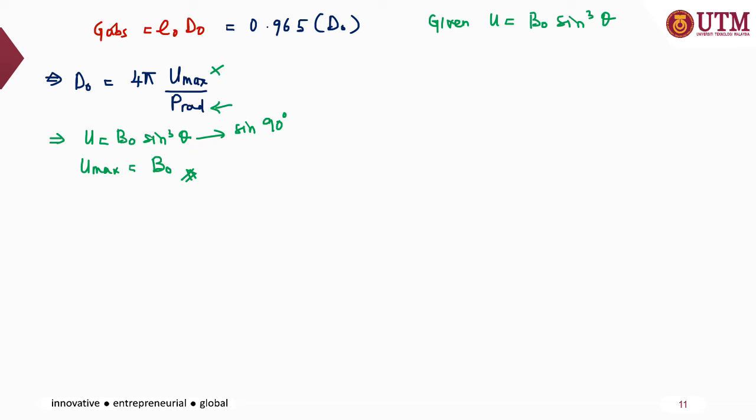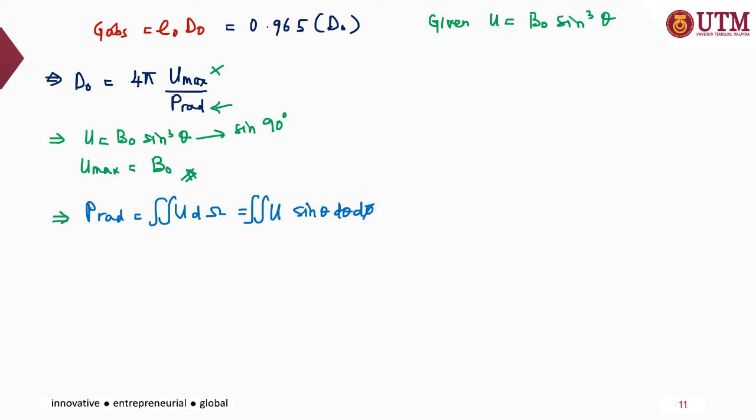Now we need to calculate P radiated, or radiated power. Let's revise the equation for radiated power: it is the integration of U d omega, in which d omega is sine theta d theta d phi.